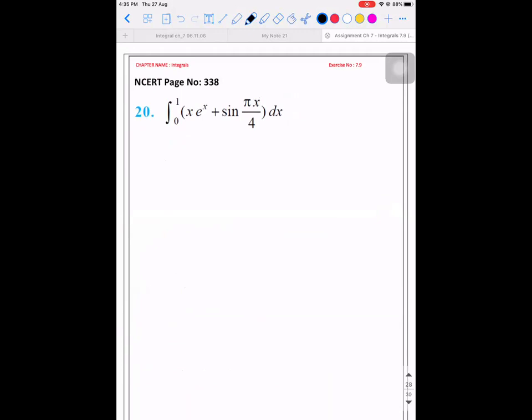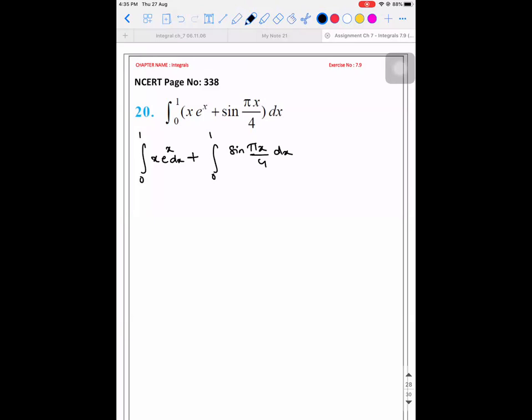How do we solve this? So here you have x e power x, you have no other option. You have to go with by parts.